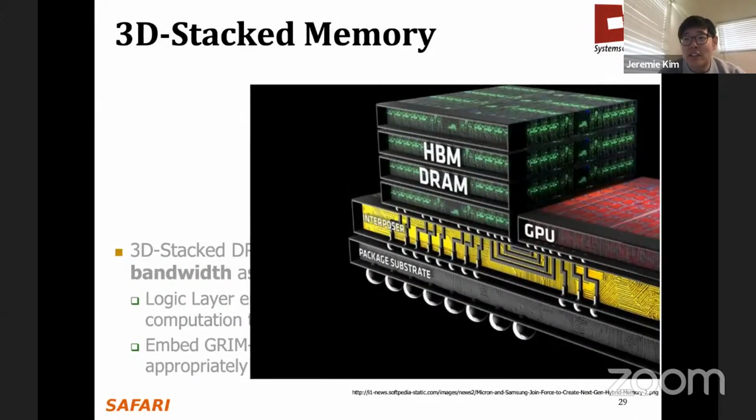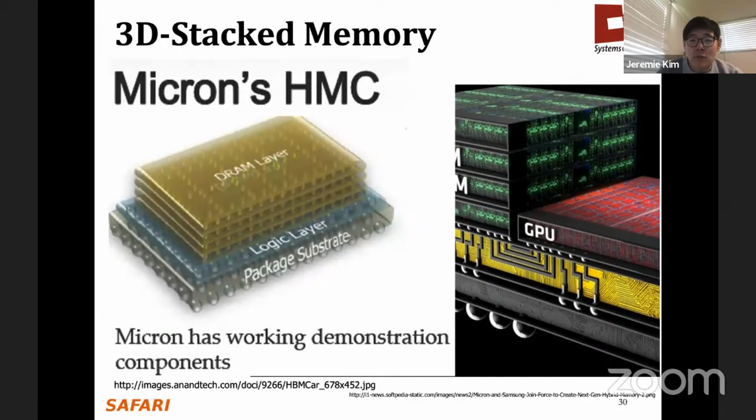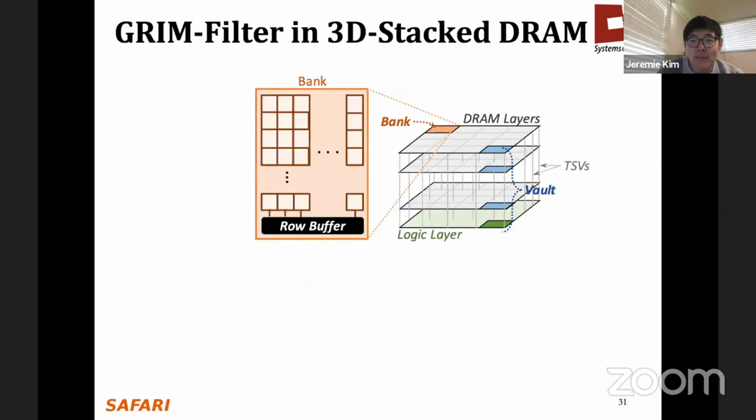There are a lot of these 3D stacked DRAM technologies that are commercially available, such as high bandwidth memory and HMC. Each of these DRAM layers is organized into arrays of banks, and a bank is an array of cells with a row buffer. The row buffer holds one row at a time and uses this structure to transfer data with high bandwidth into the logic layer via TSVs.